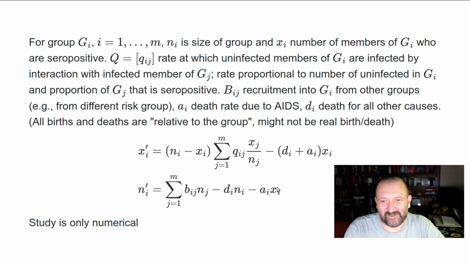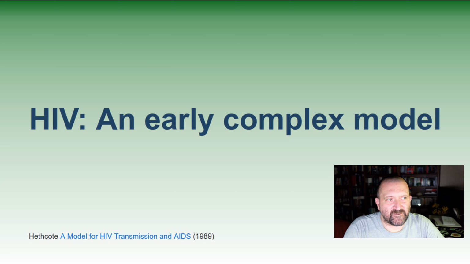I find that it's quite interesting, very simple, and quite elegant in a way. Probably one of the reasons why it wasn't picked up so much was that the study was only numerical. Okay, that's an interesting little model.